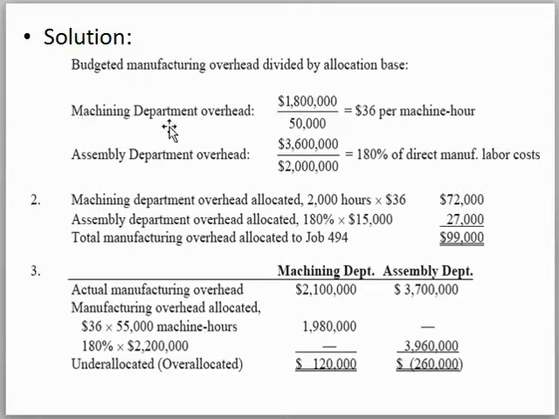For the machining department, 1,800,000 overhead cost divided by the 50,000 hours budgeted base equals $36 per machine hour. For the assembly department, 3,600,000, which is the budgeted overhead cost, divided by the 2 million, which is the direct labor cost, equals 180% of direct manufacturing labor cost.